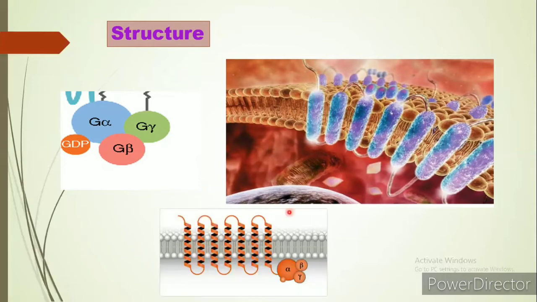Then the receptor binds the G protein, which carries GDP in its inactive form. This is the structure of the G protein and the receptor.